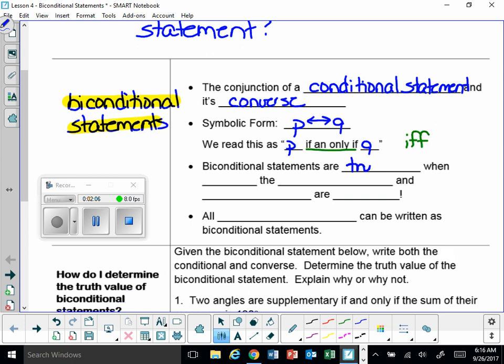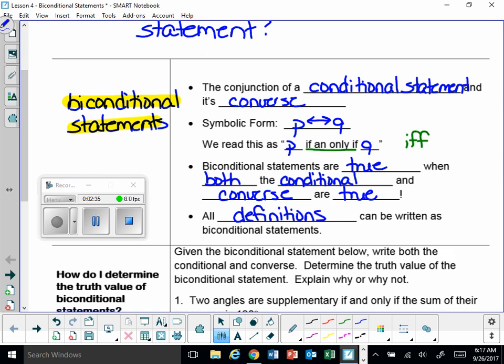Biconditional statements are true when both your conditional and converse are true. One of the really cool things about biconditional statements is that all definitions can be written as biconditional statements.